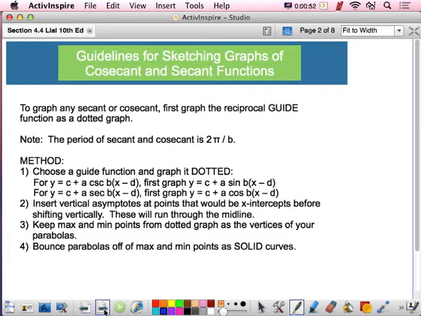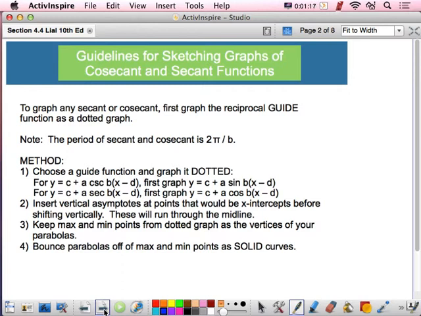If you have a cosecant graph, like y equals c plus a cosecant of b parentheses x minus d, all you do is pretend that that's actually a sine rather than a cosecant. You keep all of the numbers and variables the same, and you simply switch out the cosecant with its reciprocal sine. That is called the guide function.